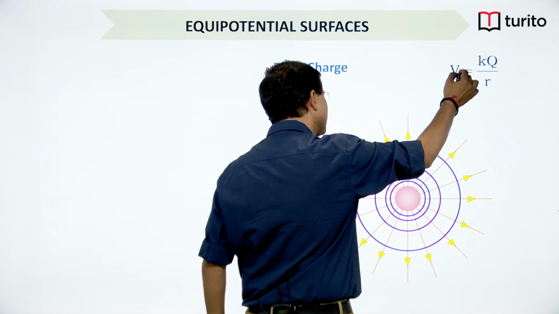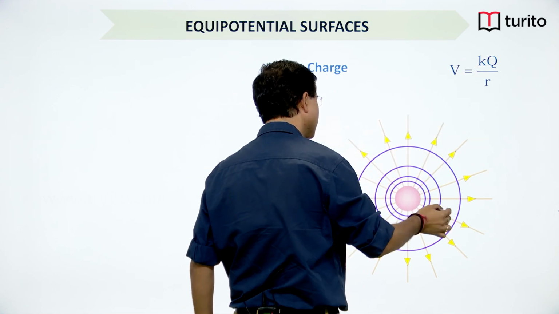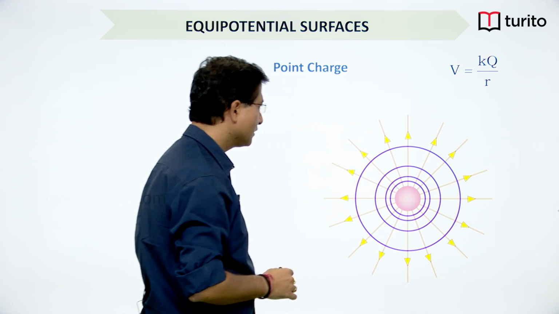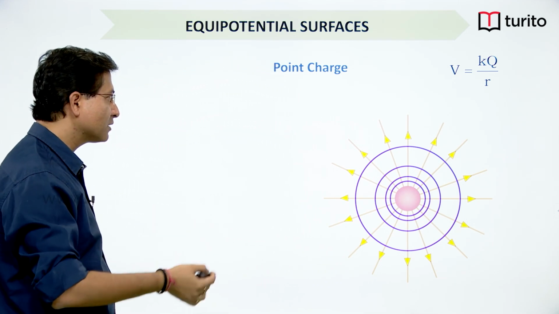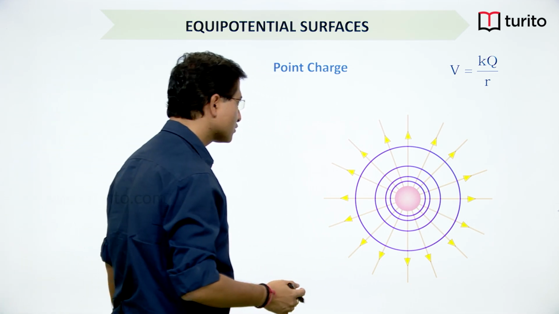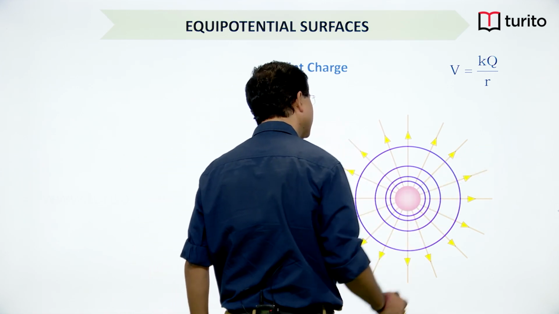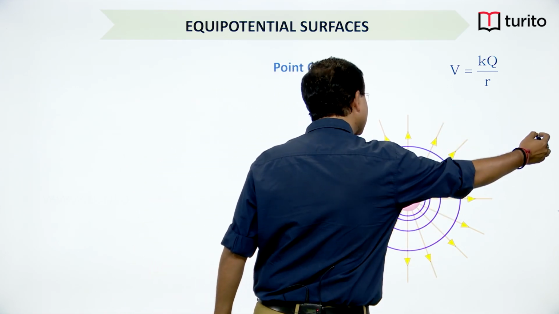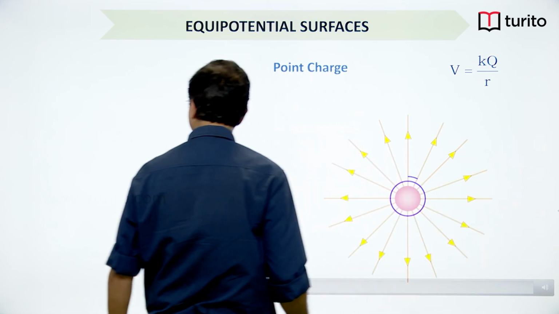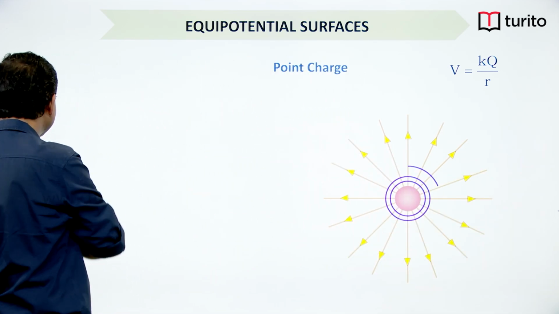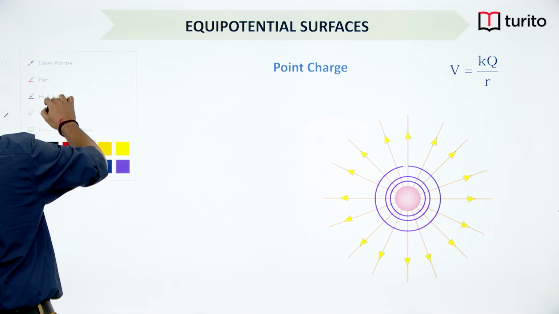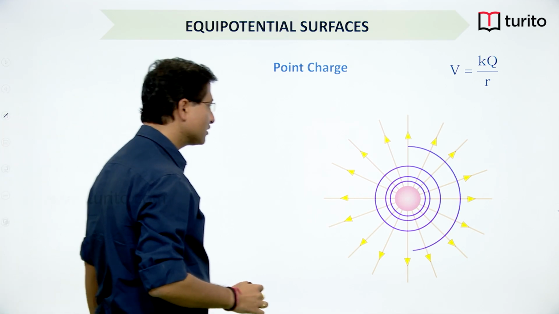So, for a fixed value of potential you will get a circle, and if you change the value you will get a different circle, right. As you move from here to infinity, at infinity you will get an equipotential surface having potential 0.